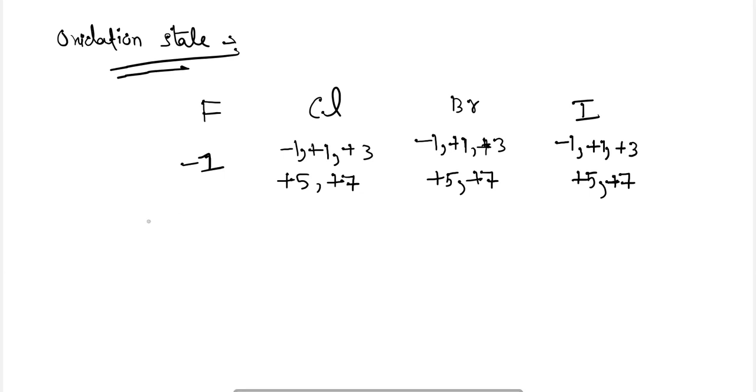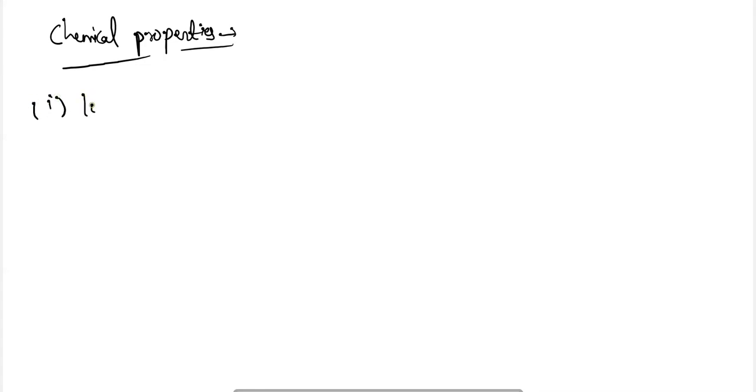Now let's see the chemical reactivity or chemical trends for the halogen atoms. What are their chemical properties? First is low dissociation enthalpies.